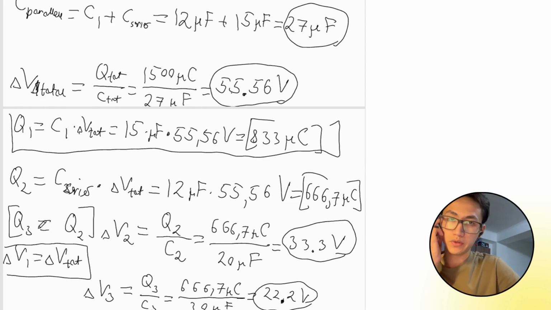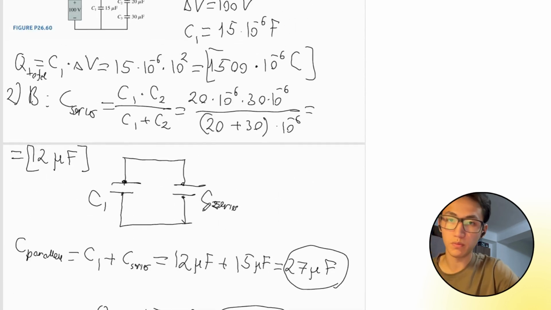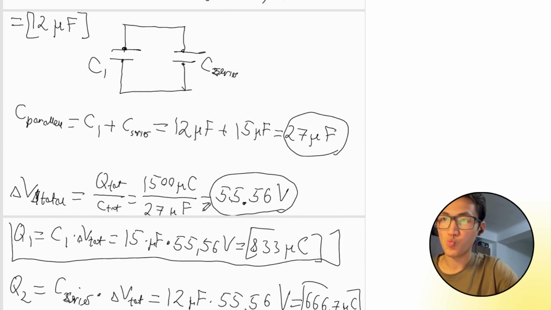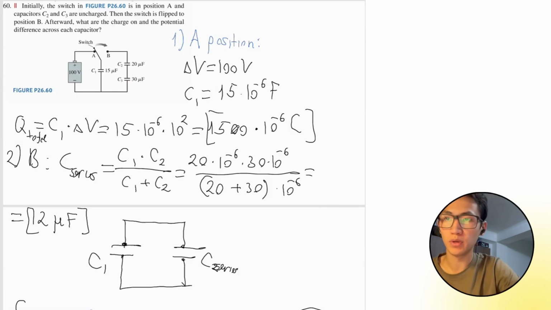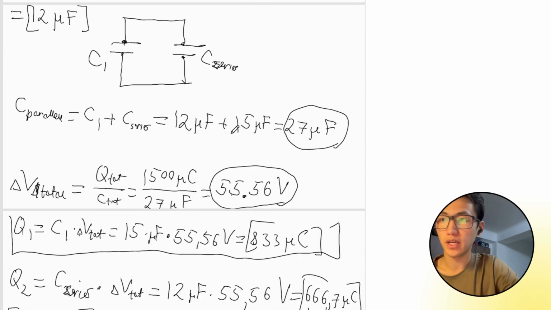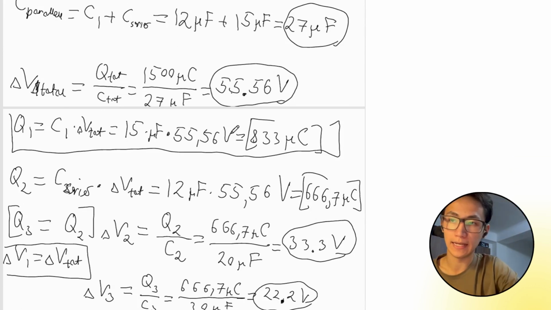So we found all unknown values. If we add all charges, the result will be 1500 microcoulomb. And if we add the voltages across the series capacitors, the result will be 55.5 volts, because the total value across the circuit is constant.